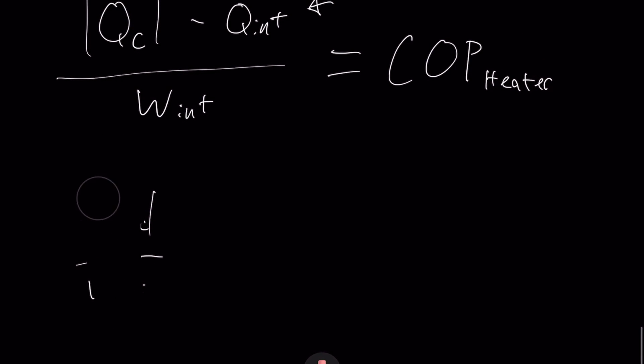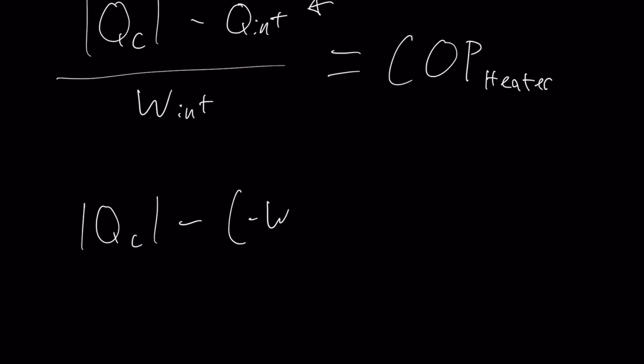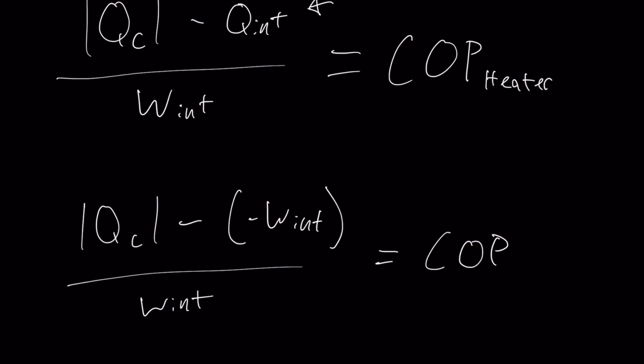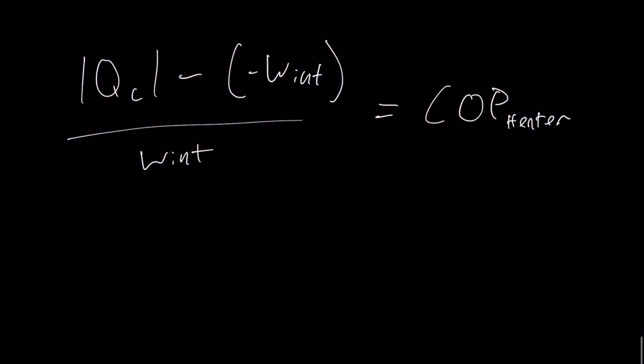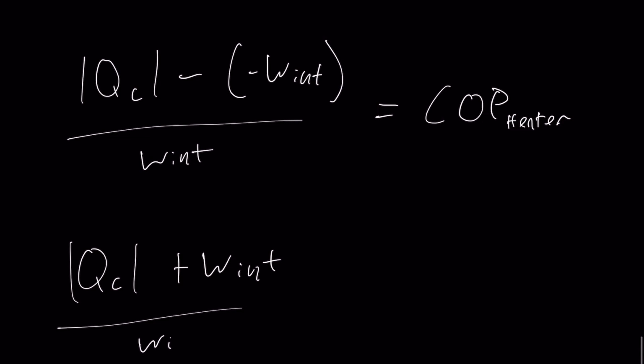We can say that this minus negative work internal instead of Q internal over work internal equals the coefficient of performance for the heater. And simplifying, we can say that this equals the coefficient of performance for the heater.